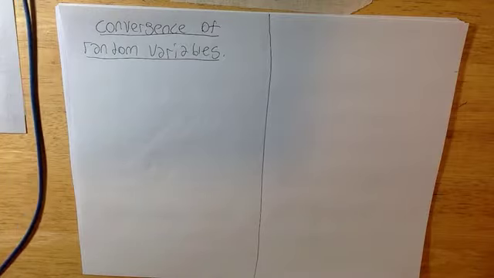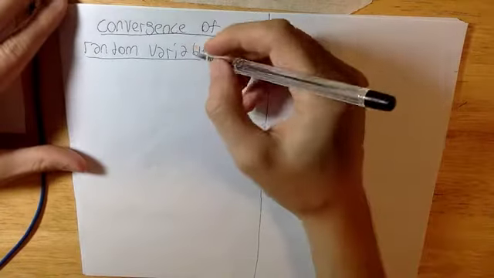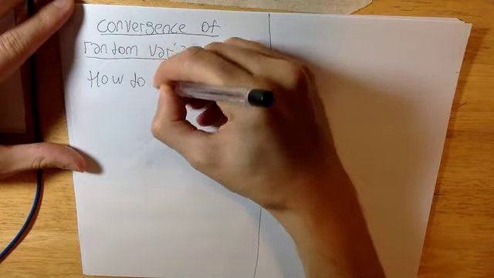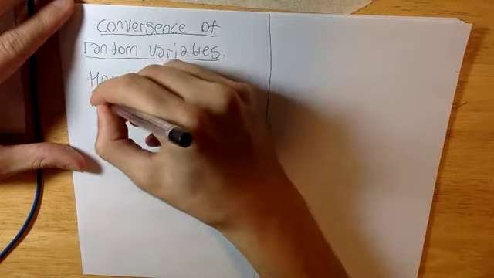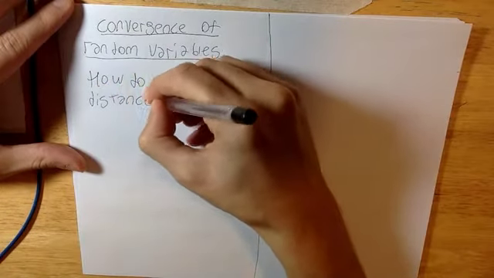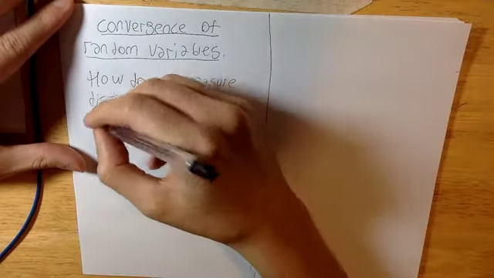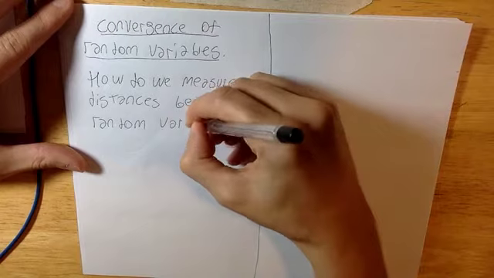So one of the things is how can we measure distance between random variables? Okay, convergence of random variables. How do we measure distances between random variables?